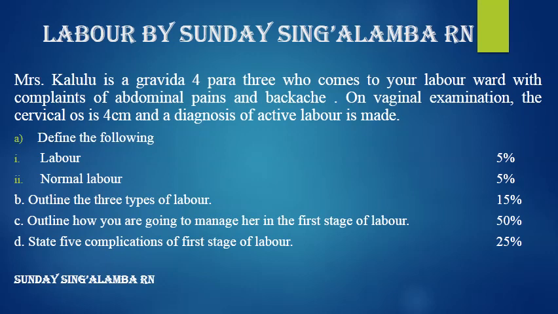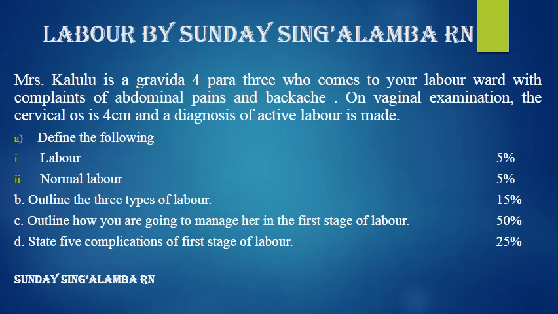First of all, we need to start with personal particulars. It is very important that you write the name, the gravida, the parity, date of admission, time of admission, hospital number, and the time when the membranes ruptured. All these have to be written on your partograph. Talk about the progress of labor.